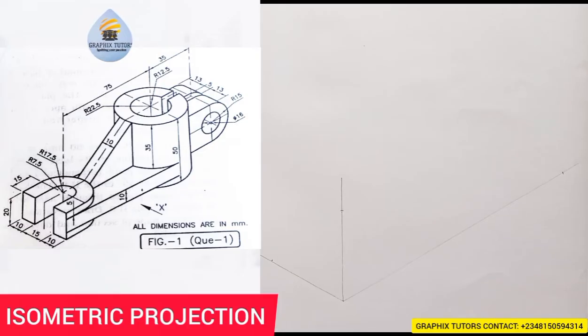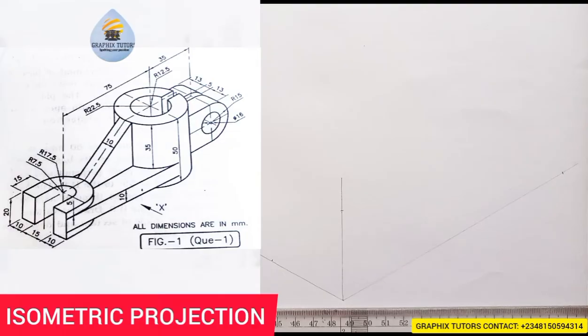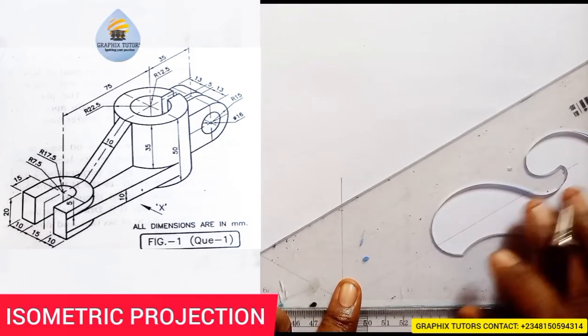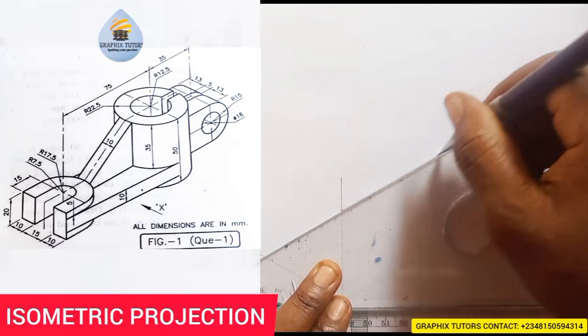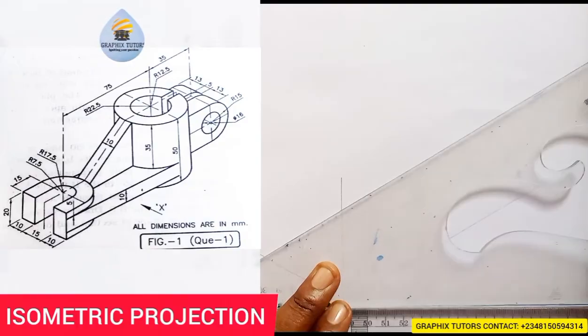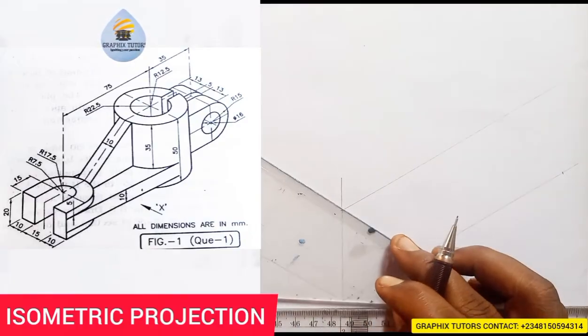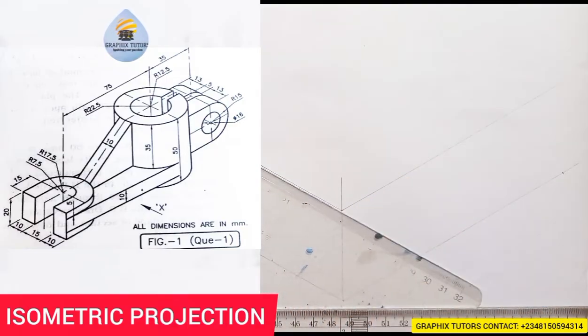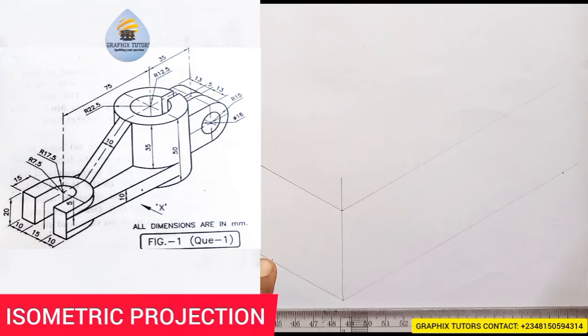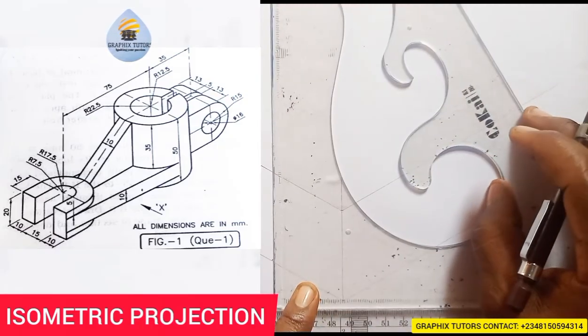Then I'm going to use my instrument and draw vertical lines on this point this way. I'll come here too and do the same thing, projecting this way. Then those points I measured, I'll take them up this way.